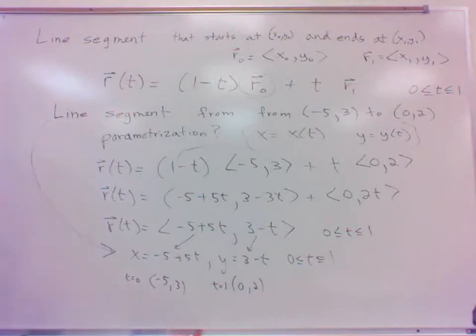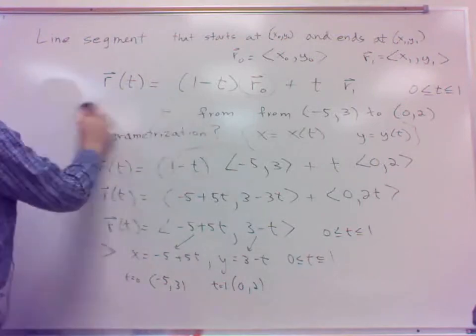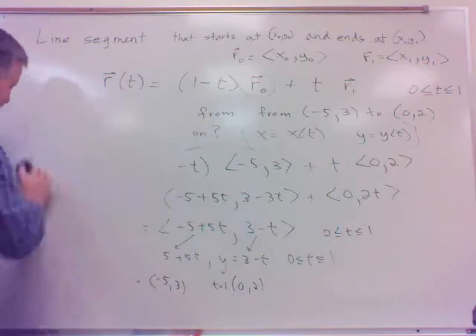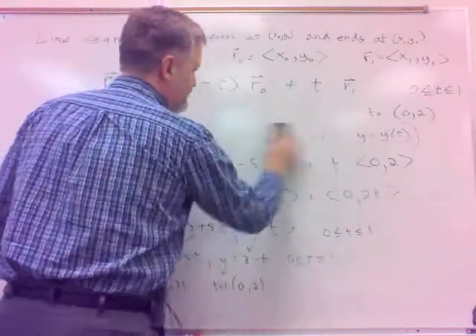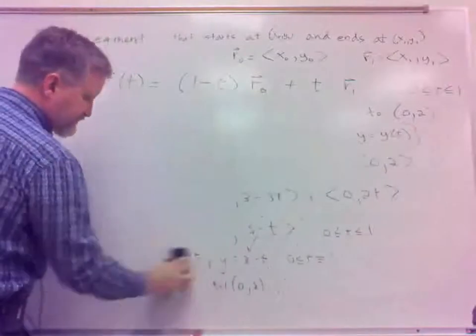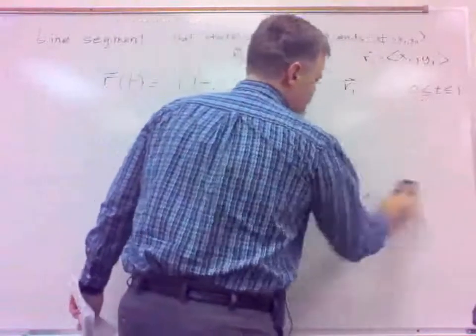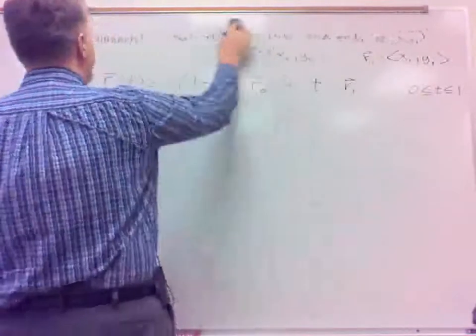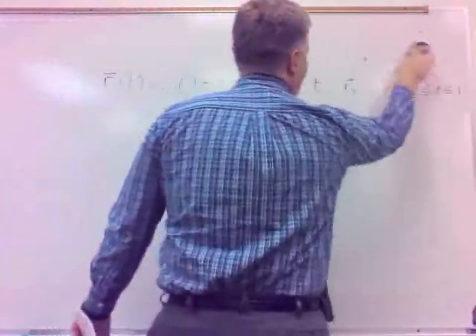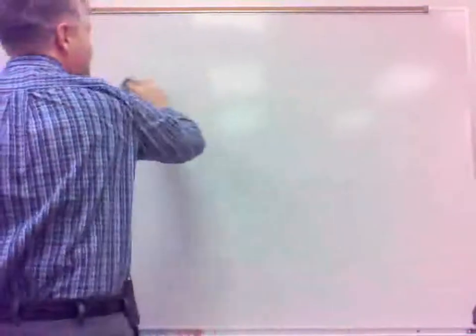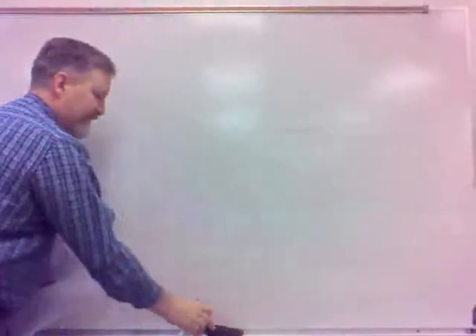All right. So you just have to remember that little formula right there. That'll get you parameterization, which for our line integrals might be important, right? We use those sometimes.